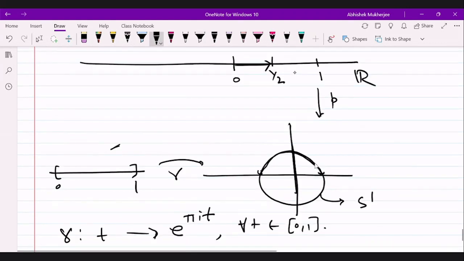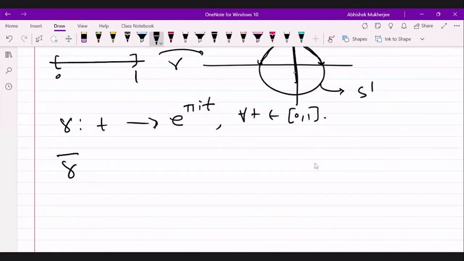So let us take that as gamma tilde. So let gamma tilde be a path from 0, 1 to R, which is half of t, right?